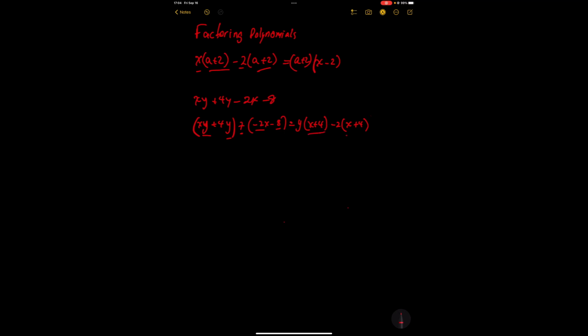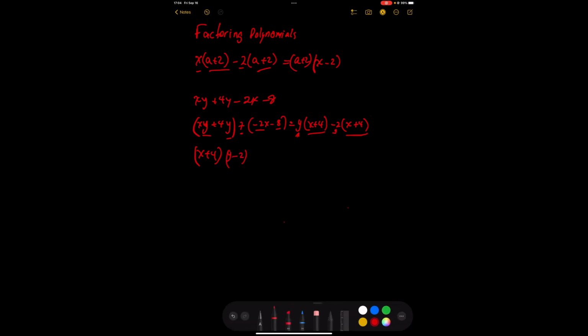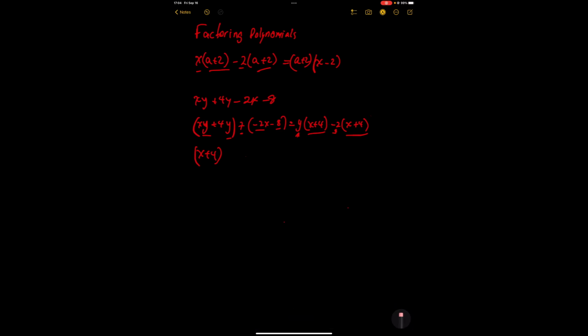Now we have x + 4 on both sides. So that would be (x + 4) factor out y, which is this one, minus 2, which is that one. Oh, my bad, that would be y - 2. So that's your answer right here.